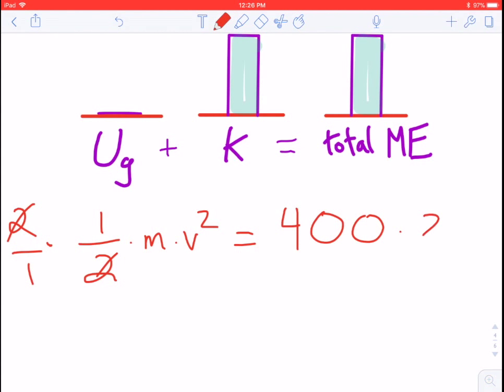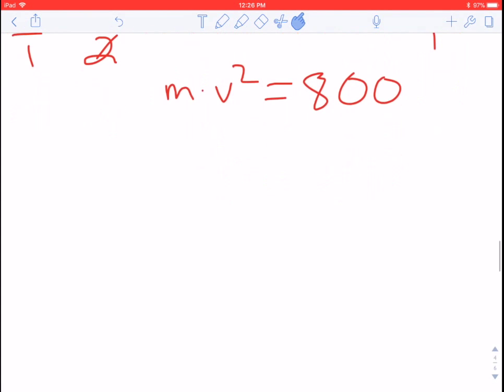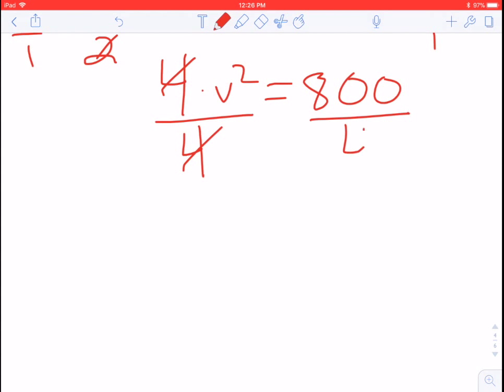Whatever you do to one side, you do to the other. 400 times 2 is 800 equals mass times velocity squared. We know its mass is 4 kilograms. Let's get v squared by itself. These cancel out, and v squared equals 800 divided by 4, which is 200.